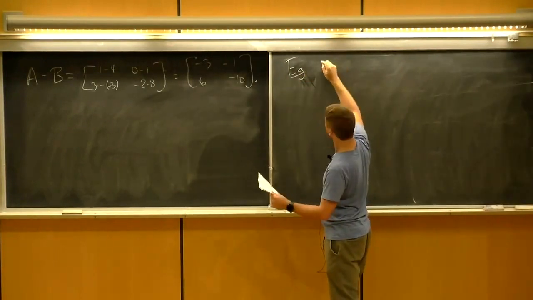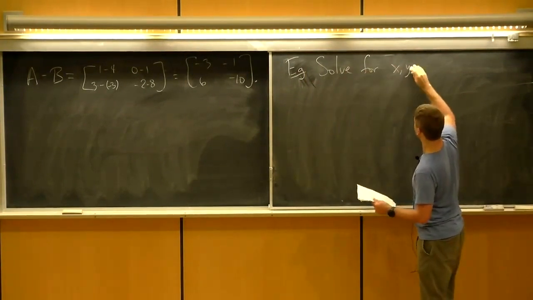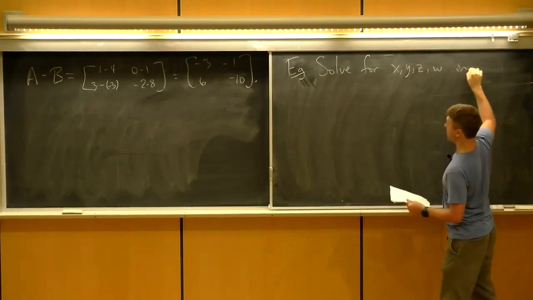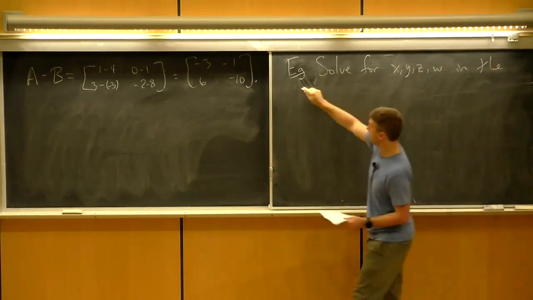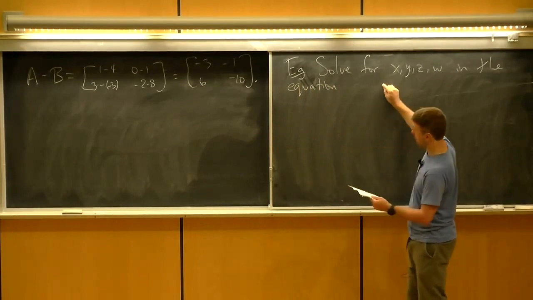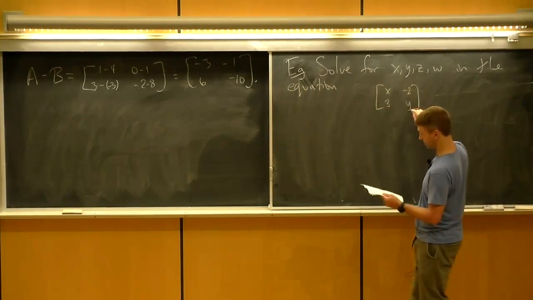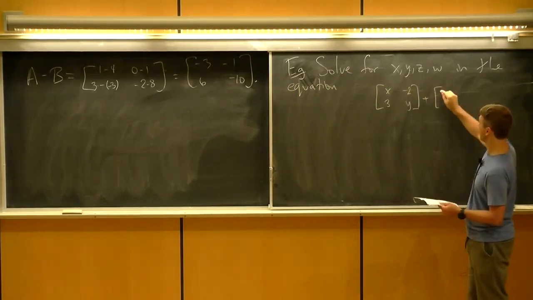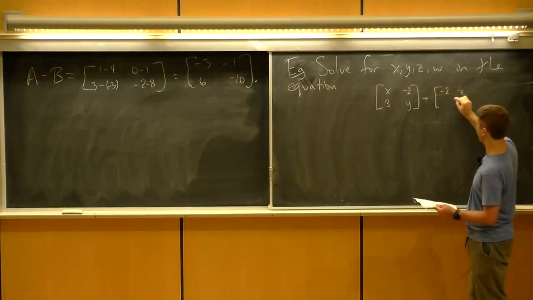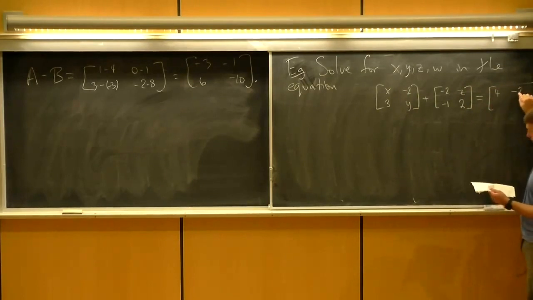Solve for x, y, z, and w in the equation: x, negative 2, 3y, plus negative 2, z, negative 1, 2, equals 4, negative 2, 2 times w, and 4.